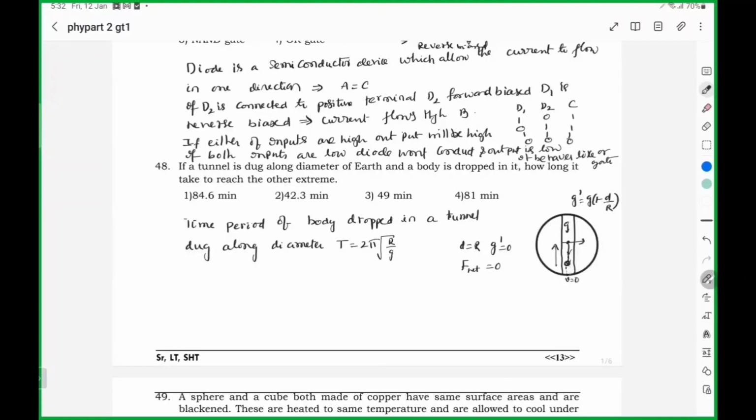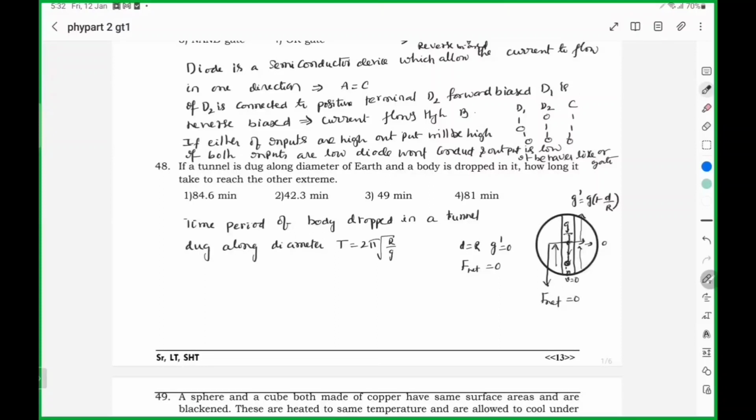Again, with the force acting on it being gravitational force, it moves towards the center. Again, net force here is 0. So with acquired velocity, it moves upward direction. This process continues and it executes SHM.